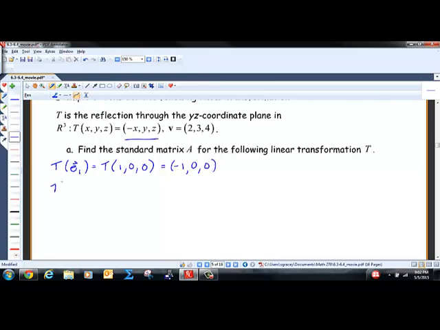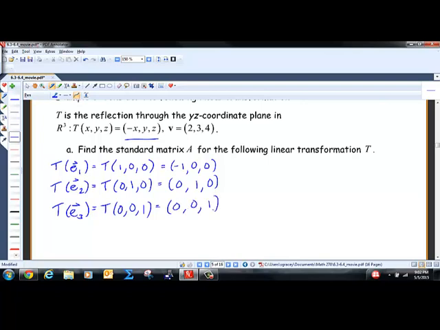All right, what about T at e2? Good, that'll be T at 0, 1, 0, which is 0, 1, 0. And then T at e3 is going to be T at 0, 0, 1, which is 0, 0, 1.